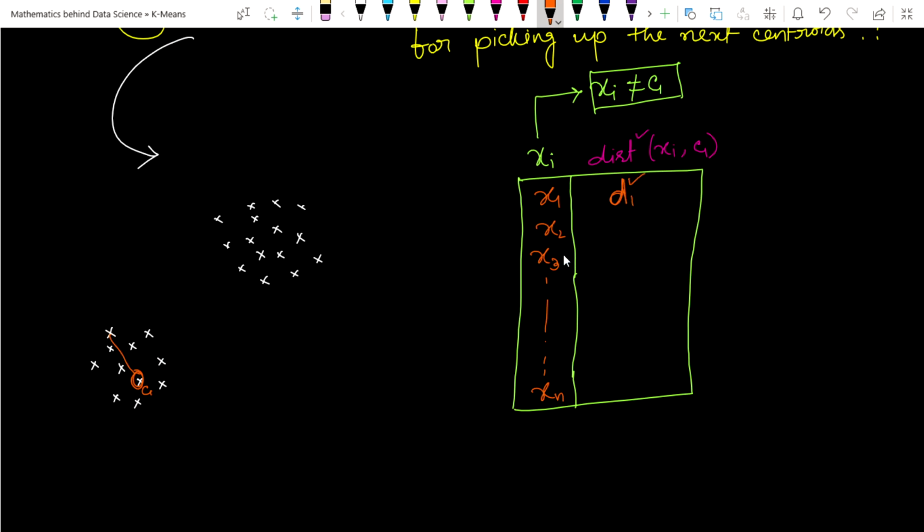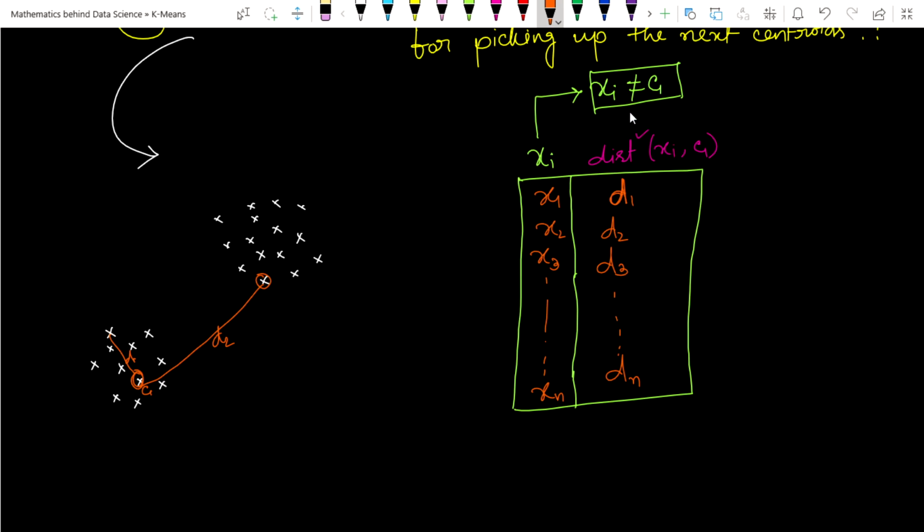Don't be confused, d1 is just the distance square. For another point we calculate d2, then d3, and so on up to dn. So we calculate n distances.